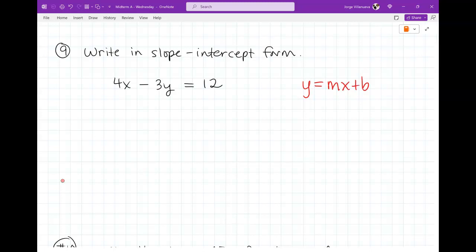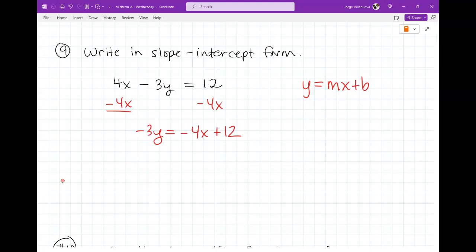So if you're going to try to get this thing set equal to y, what's the first thing I move? The 4x. All right, so minus 4x on both sides. Remember, 12 minus 4x does not subtract, but we can organize it the way we need it. So negative 3y equals negative 4x plus 12.